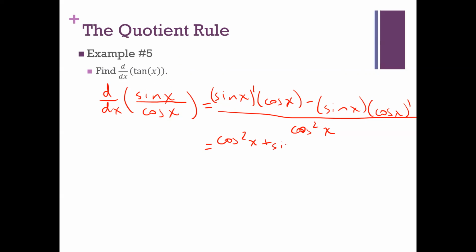Subtracting that gives me positive sine squared of x, all over cosine squared of x. Does that simplify any further? Cancel out cosine squared of x. There's something even more powerful I can do. Doesn't it just become sine of x?